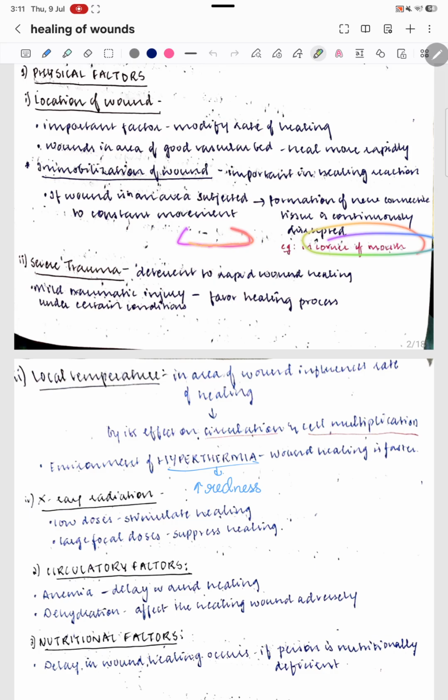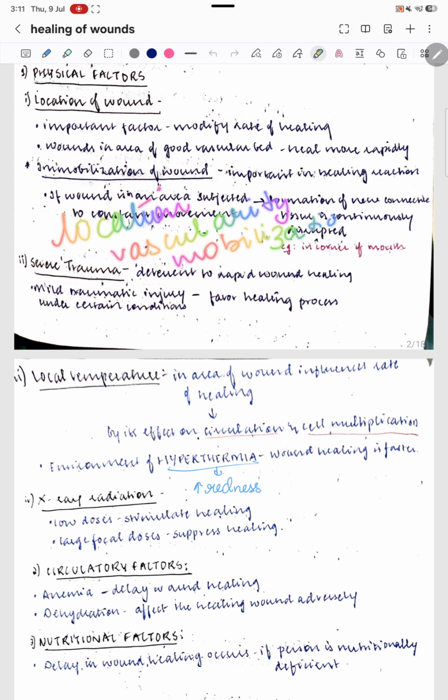If the wound is continuously subjected to movement, then there won't be proper formation of connective tissue, and the wound won't be able to heal faster. So the location of the wound is important, the vascularity of the wound is important, and the mobilization of the wound is important.